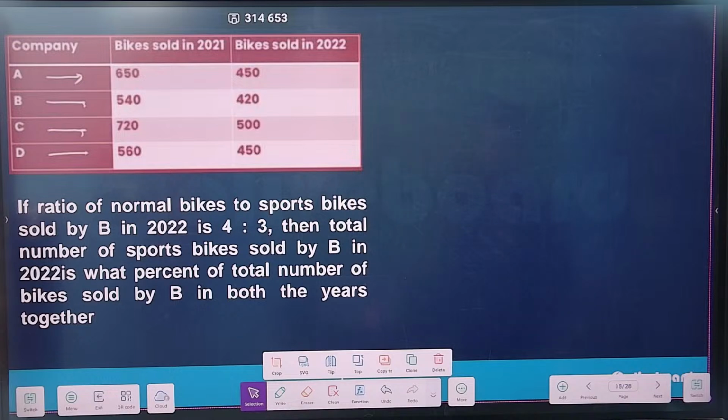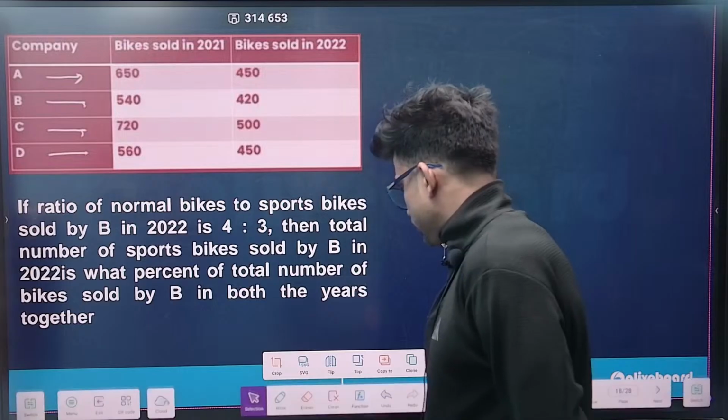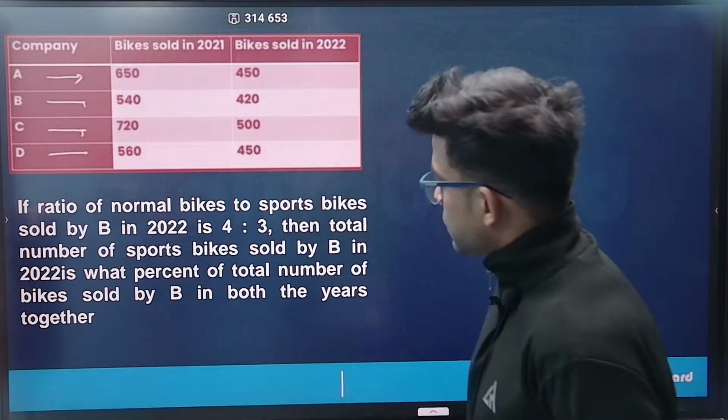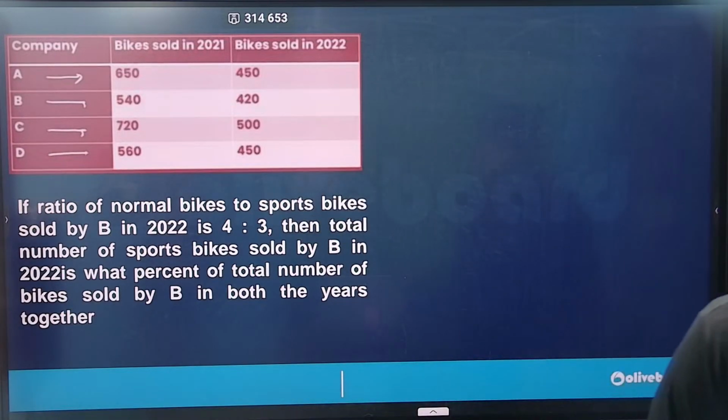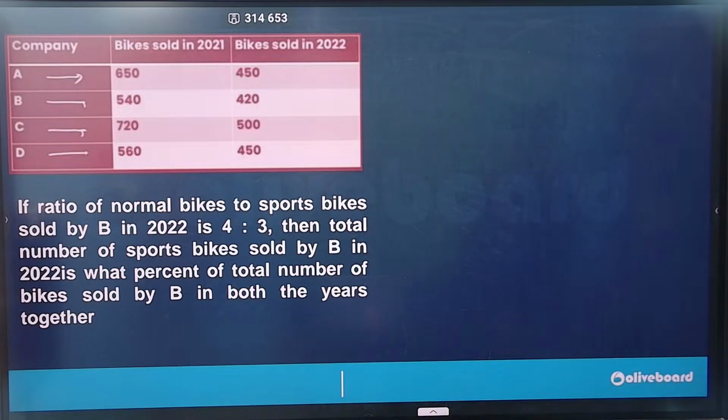Come on. Solve, apply, read it properly. See that you can answer this or not.